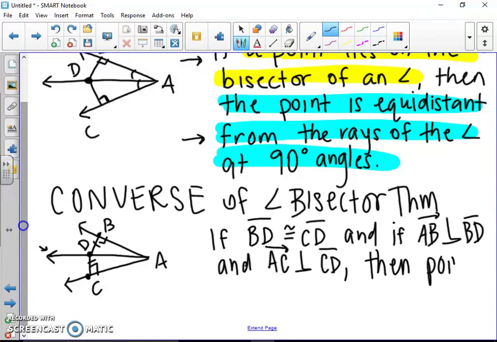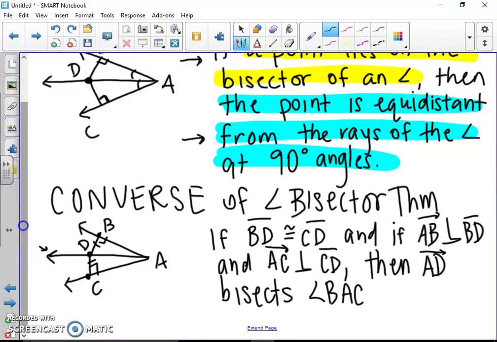point D lies on the angle bisector, and I'm actually going to shorten that even more. So instead, then AD ray bisects that large angle BAC.